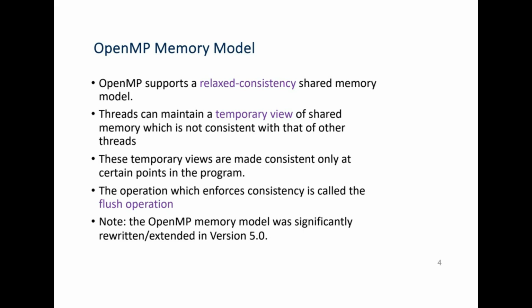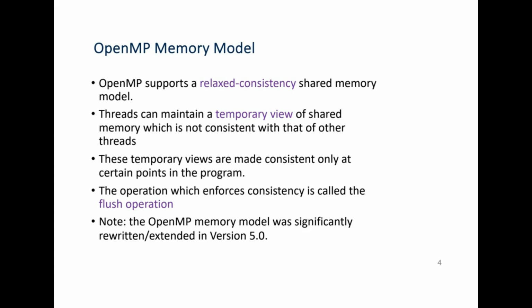So OpenMP supports what's called a relaxed consistency shared memory model. What does that mean? It means that threads are allowed to maintain a temporary view of the contents of shared variables, which is not consistent with that of other threads.